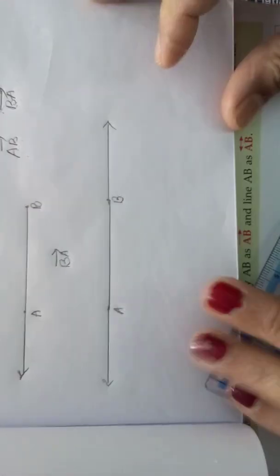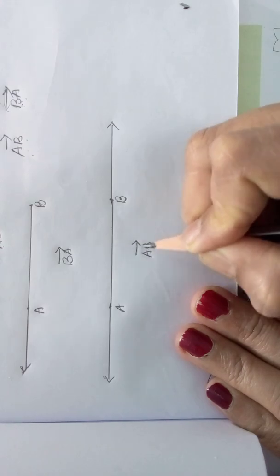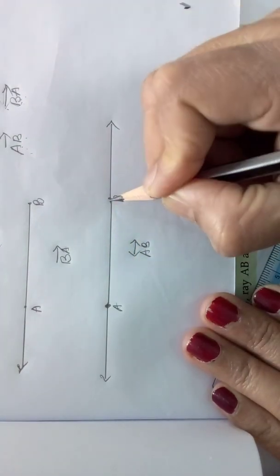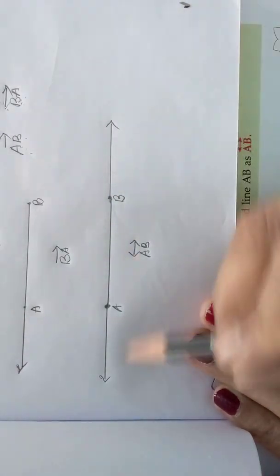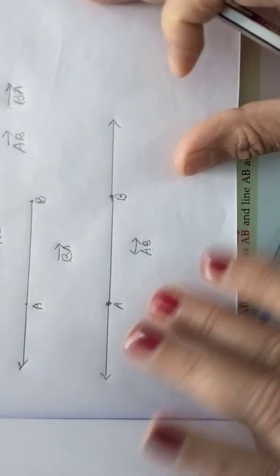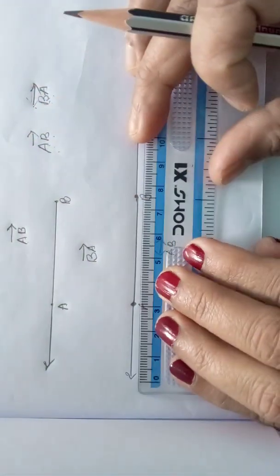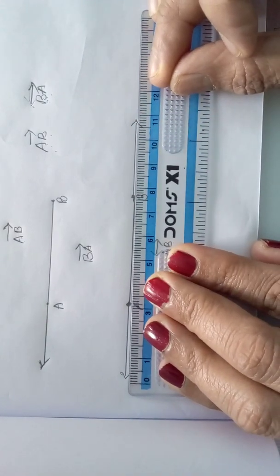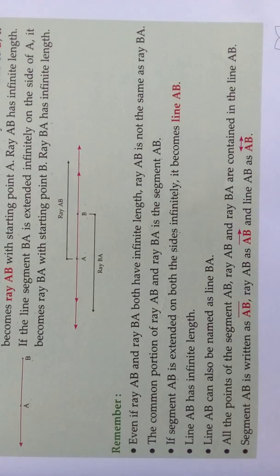And A and B are two points on the line. Both the ends of the line segment are extended here. And line AB has infinite length.